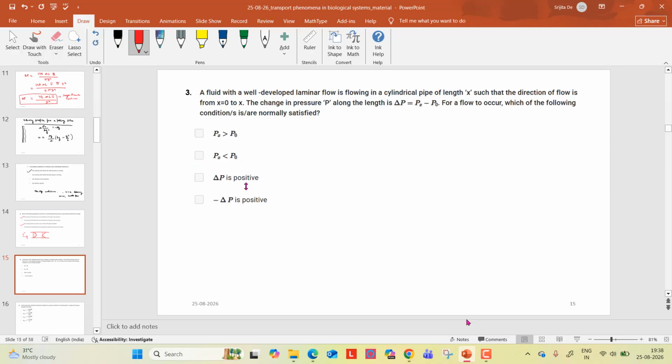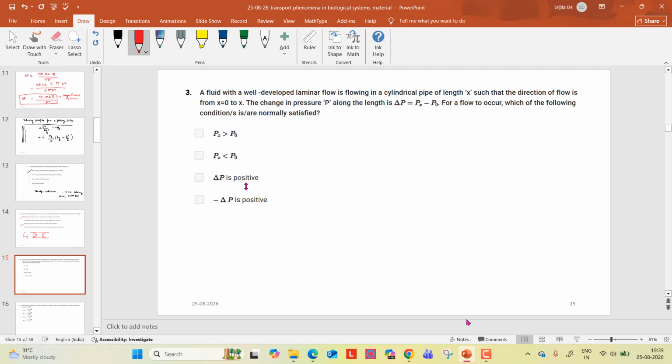Next question. A fluid with a well-developed laminar flow is flowing in a cylindrical pipe of length x, such that the direction of flow is from x equals to 0 to x.